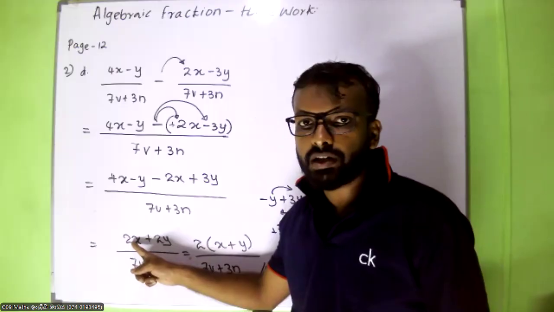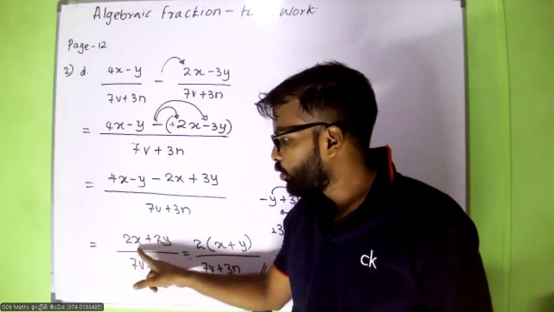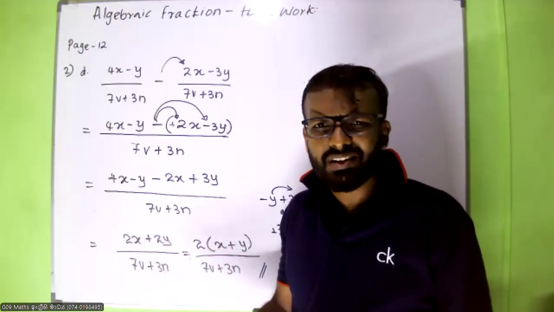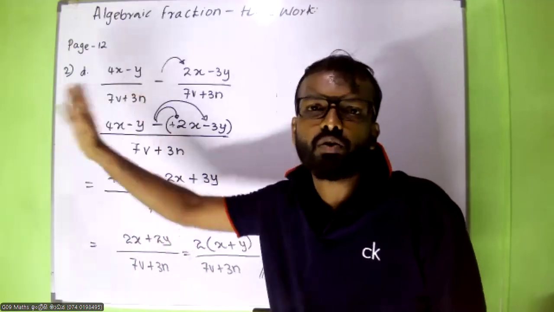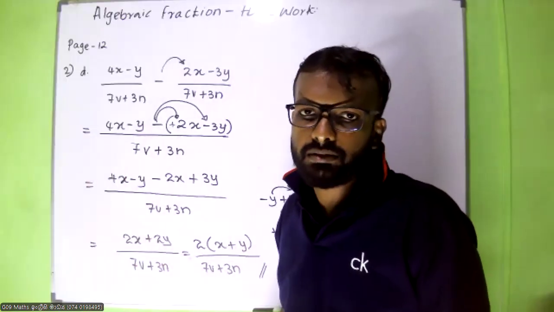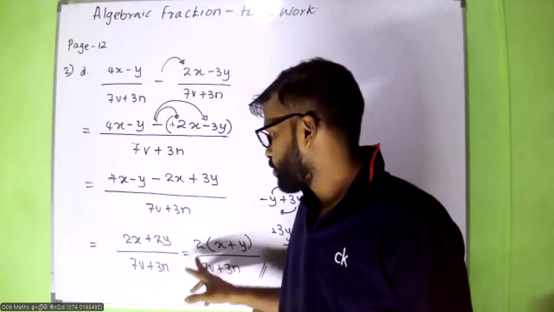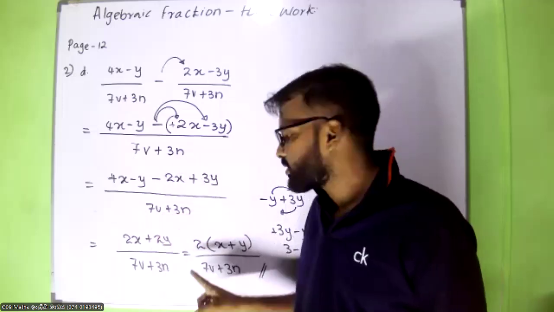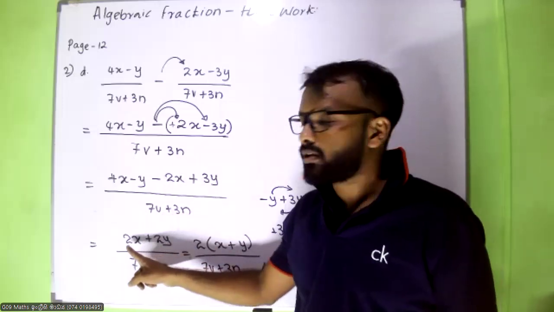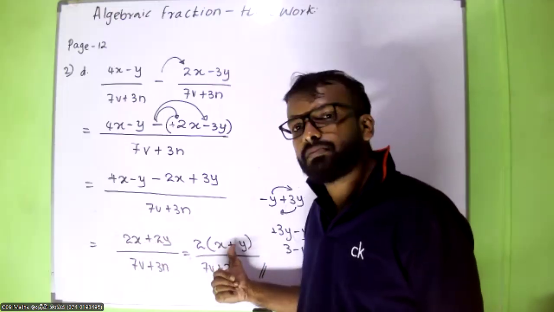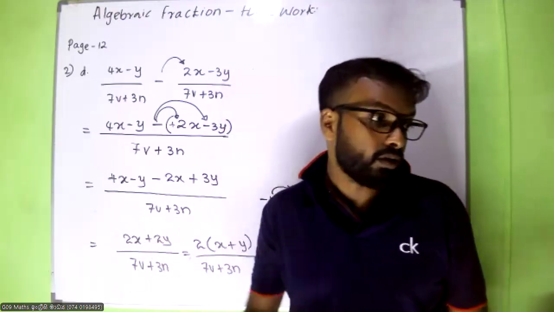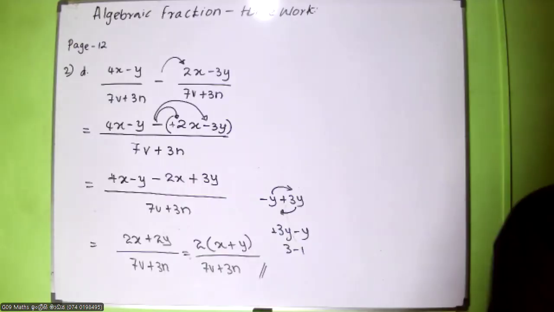You need to identify the relationship. 2x plus 2y, 2 and 2 are a common factor. Take it out from the brackets. And what is the remaining? If you take this 2, x plus y inside the brackets. Keep that in mind.